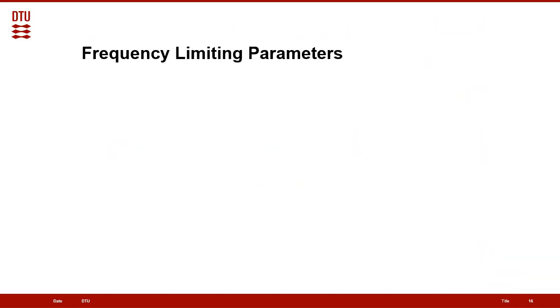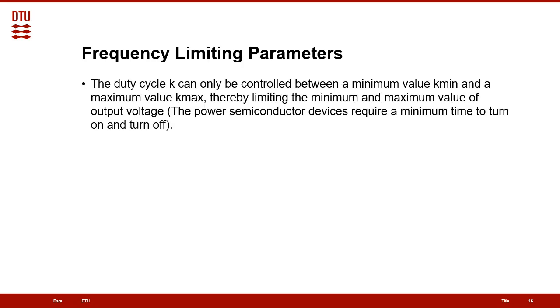So now we can see what actually is the most important or limiting parameter for the frequency. We can see that we can control the duty cycle between K minimum and maximum. So if you have a converter, you can change your K between K minimum and K maximum.